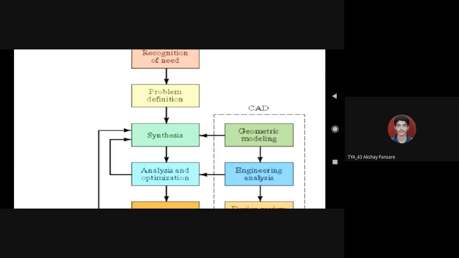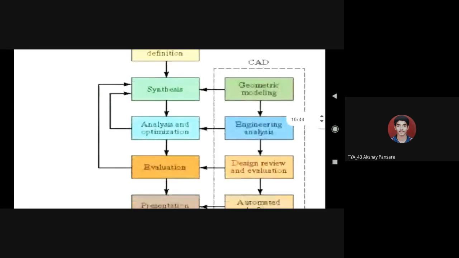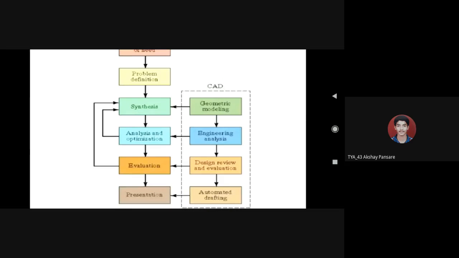This is nothing but synthesis, analysis and optimization of that problem. Evaluation is actually the result of that problem and the procedure. Presentation is nothing but the display, the last point.